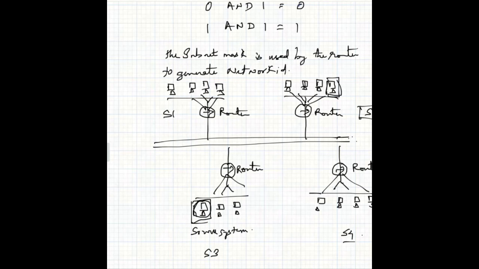How is the path calculated? The message can go to either this subnet or this subnet, but it should not take these subnets. So it directly moves to the subnet S2. How is that done?